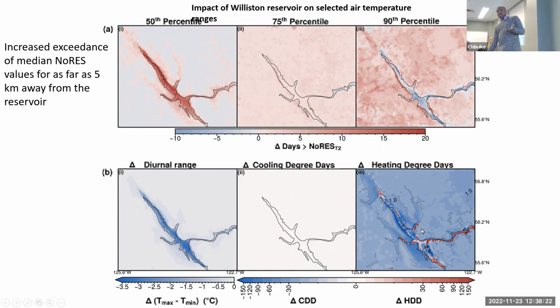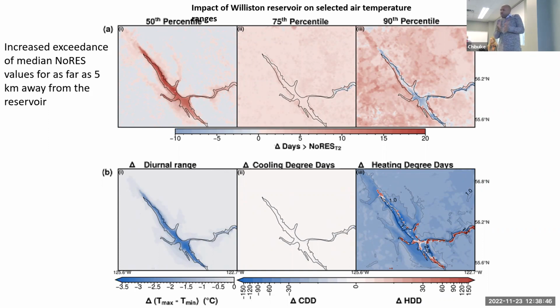On the contrary, there's a decrease in the heating degree days. The heating degree days are days when the temperature falls below 18 degrees, so you will need more heat to keep warm. So in that case, it reduces it.